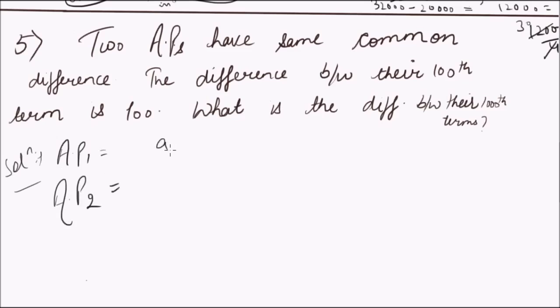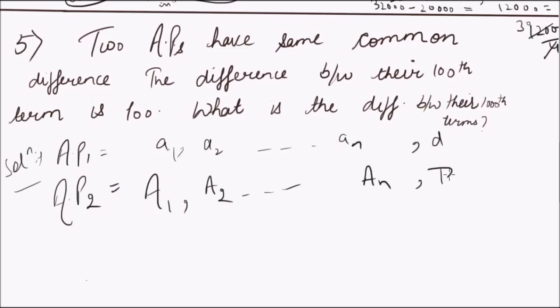Say the terms are denoted as a1, a2, an, and for the second AP as capital A1, A2 and capital An, and similarly the difference as small d and capital D. But it is given that both have common difference, which means d equals capital D, or we can write small d over here also.